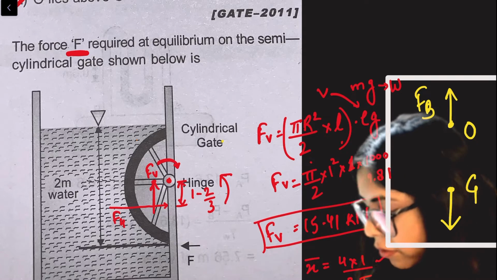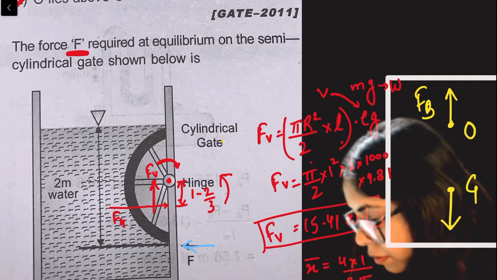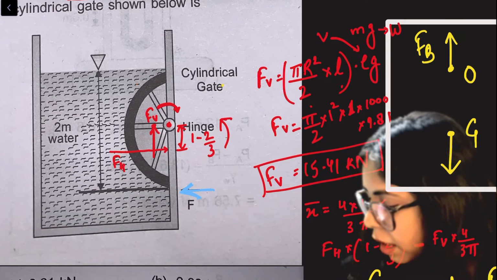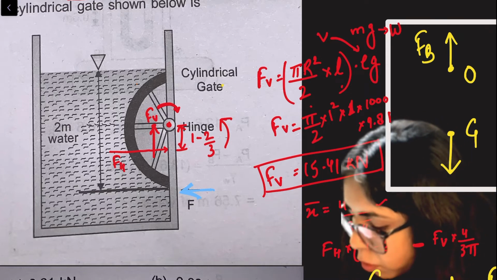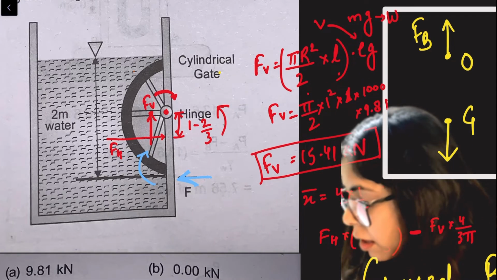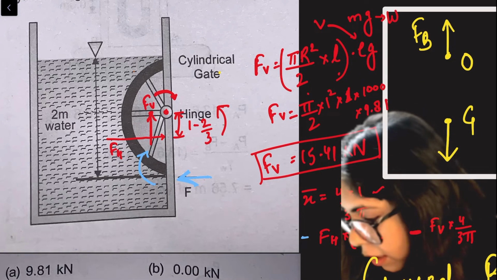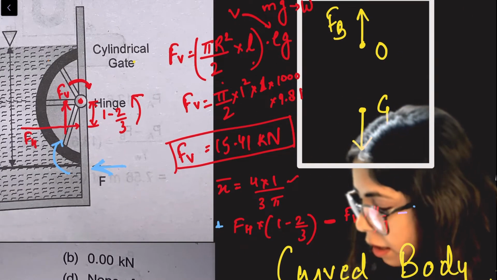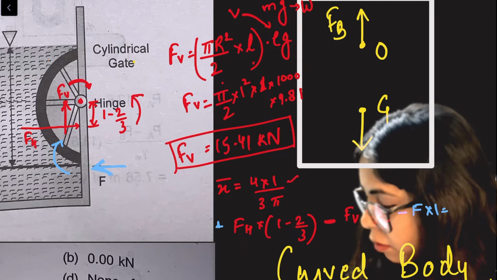Okay, the force is given like this here, F. I want to calculate the force F here. So the force F is giving the moment somewhat like this. That means clockwise. That means I will take it also as negative. Okay, this is positive. I will take it also as negative F into 1 equal to 0.